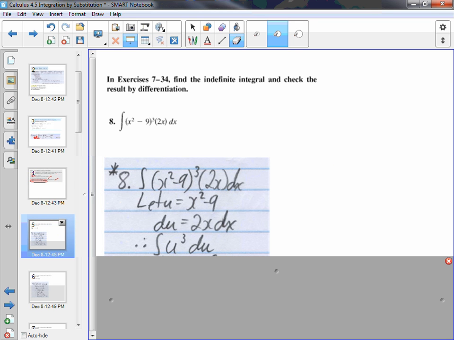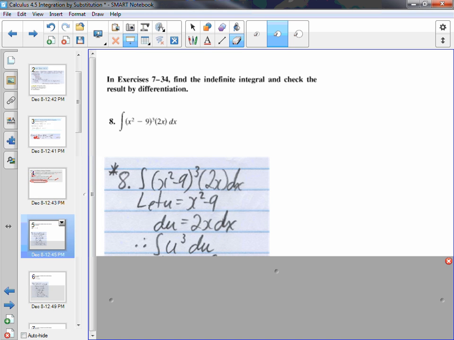And now, if you want to, just pretend that's your original problem. Because we've done integrals, derivatives, you've done math with lots of variables besides x, haven't you? Well, that's all we're doing here. We're doing an antiderivative. We have a u instead of an x.